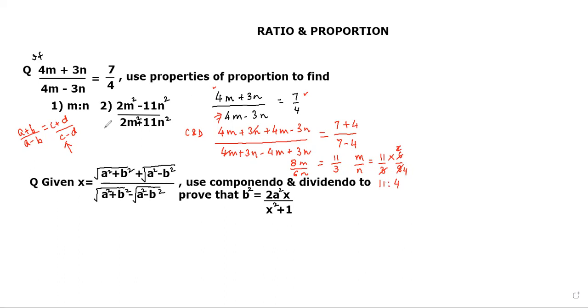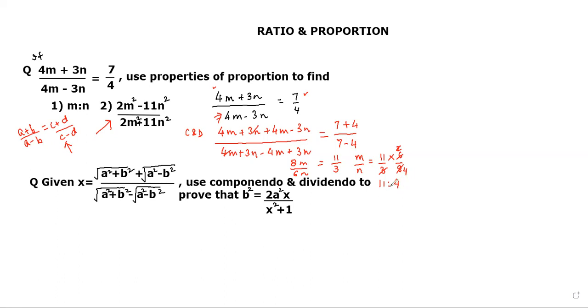Now let's come to part number 2. This one, if you see, in the numerator there is a multiplication of 2 with m square, and then there is a multiplication of the number 11 into n square. Where is it coming from? It looks as if we should know m square and n square.